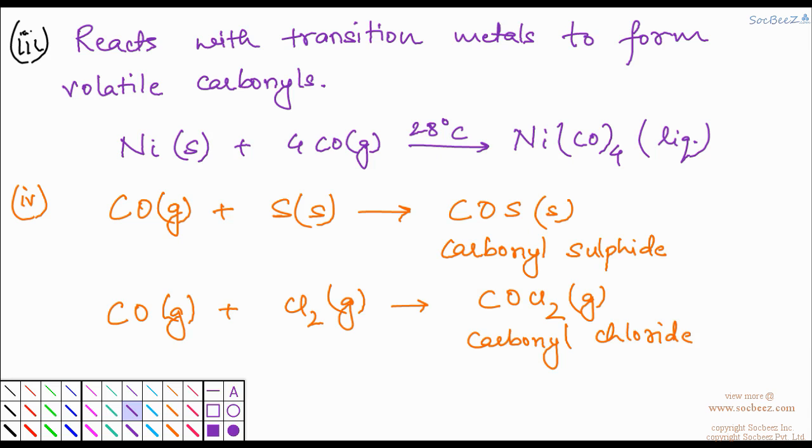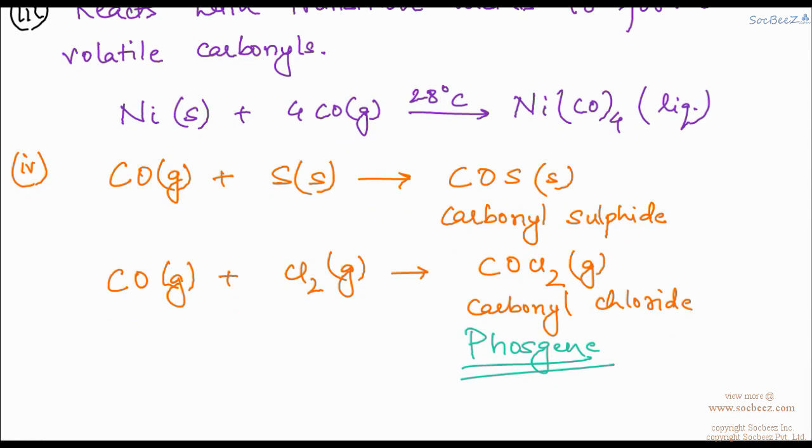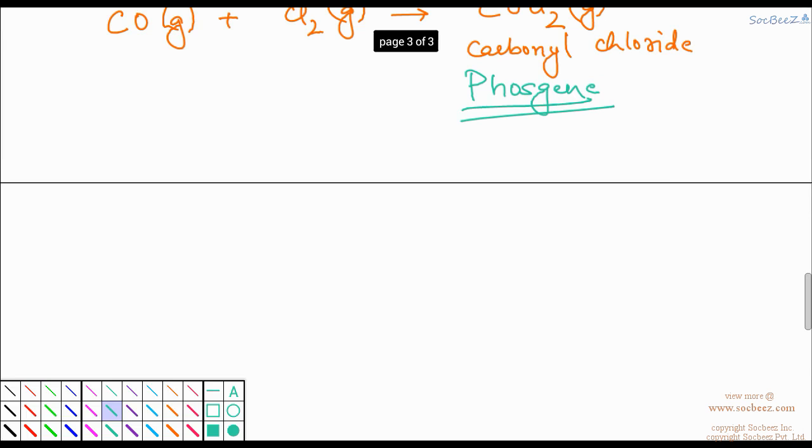The other name of this compound is phosgene. Now, phosgene is a very poisonous gas.